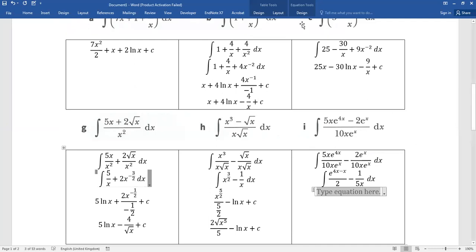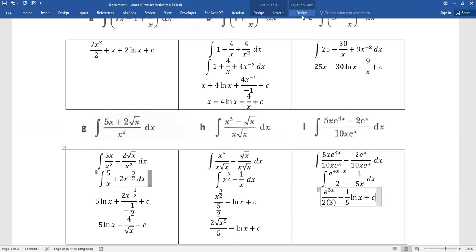This will become e to the power 3x. And once I integrate it, I'll get e to the power 3x upon 2 is already there. We multiply by 3 in the denominator, minus 1 over 5 ln x plus c.